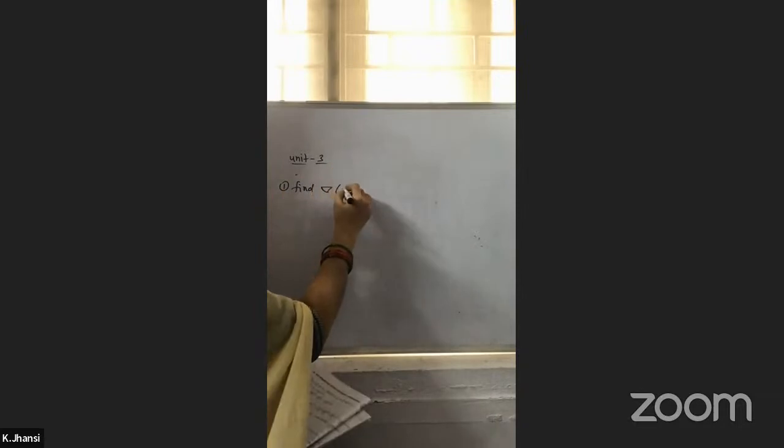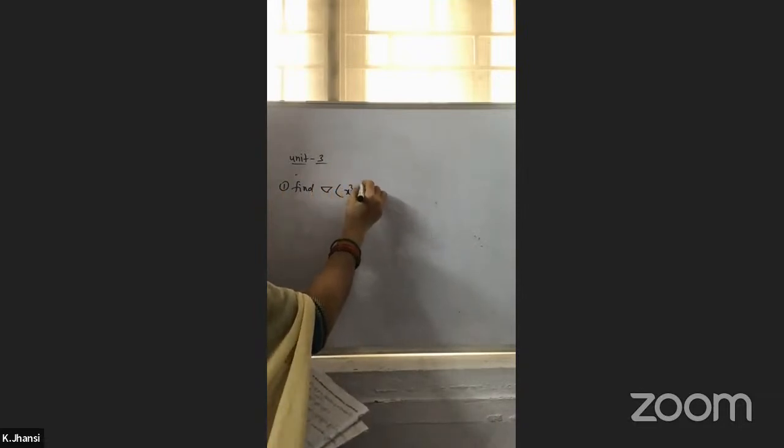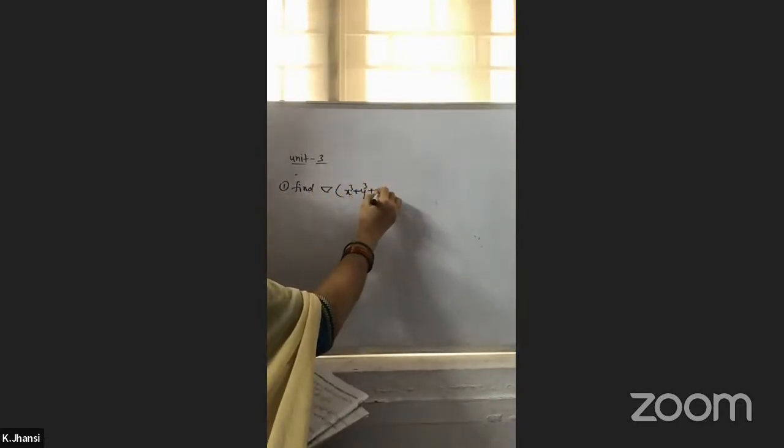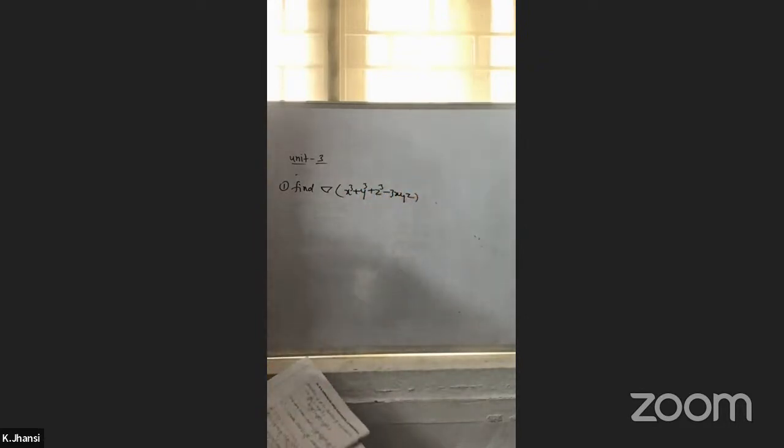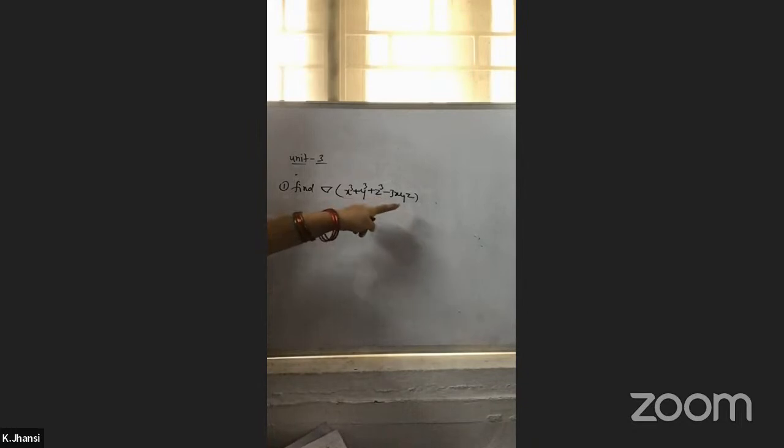First one is: find del of x cube plus y cube plus z cube minus 3xyz. So this is a scalar function. Here i, j, k are not there.